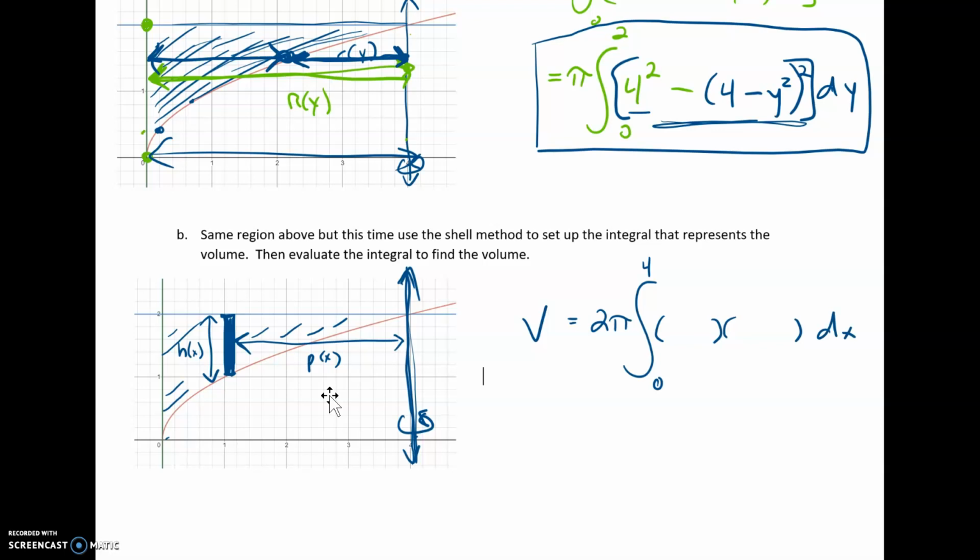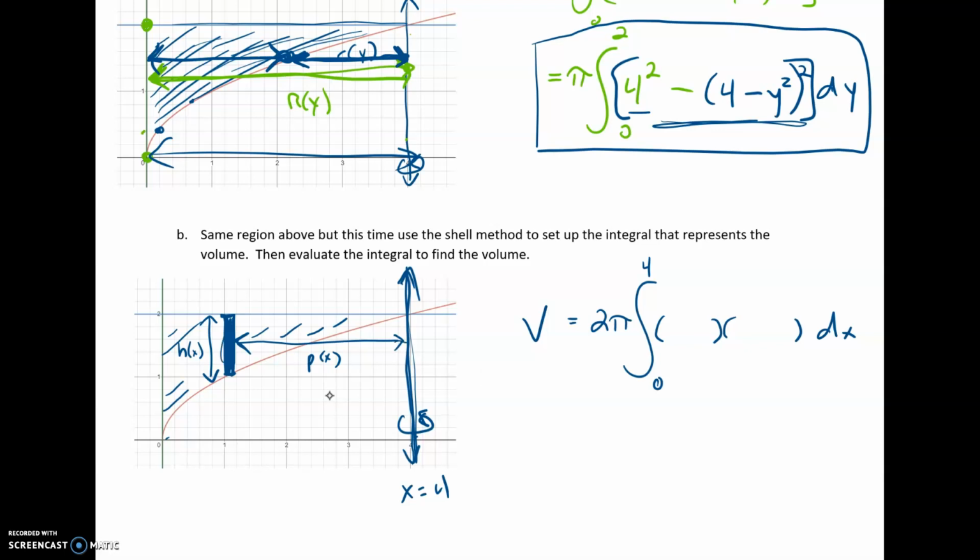Okay, so again, the picture really helps, right? That allows me to visualize the height and the distance to the vertical line x equals 4 as functions of x.